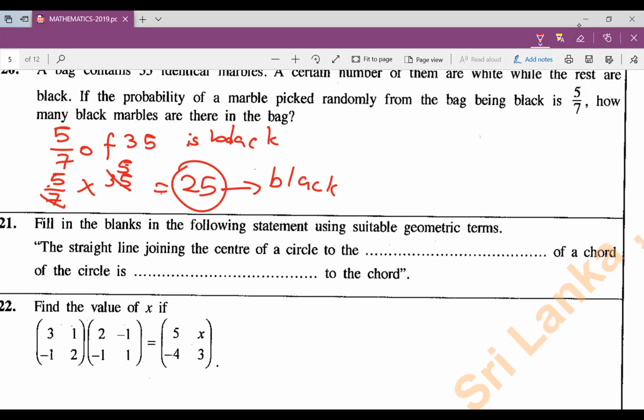So filling the blanks in the following statement using suitable geometric terms. Here the straight line joining the center of a circle to the midpoint of a chord of the circle is something to the chord.